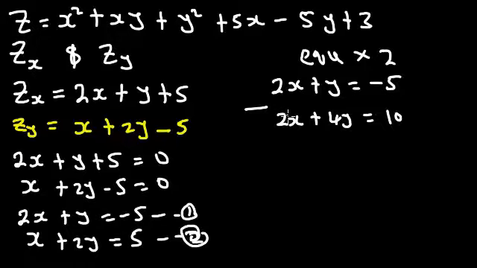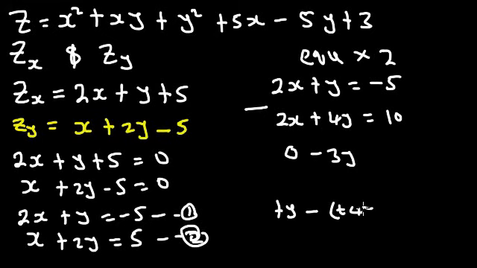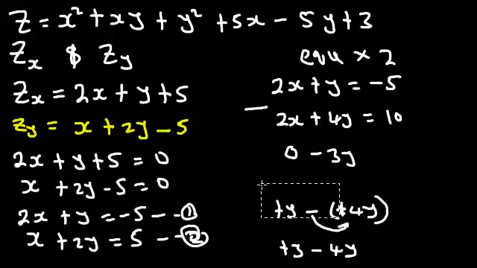Now we can subtract. 2x minus 2x is simply 0. Now y minus 4y, be careful, that will be minus 3y. We have positive y minus 4y, and doing this math, the result is minus 3y.